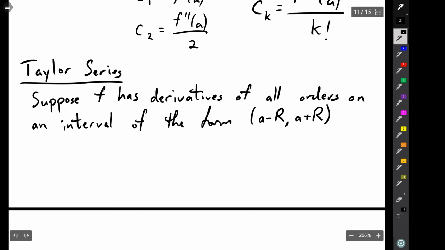In other words, the center of this interval is a, and we move out a distance of r in either direction, right? So this series should be valid on that whole interval.